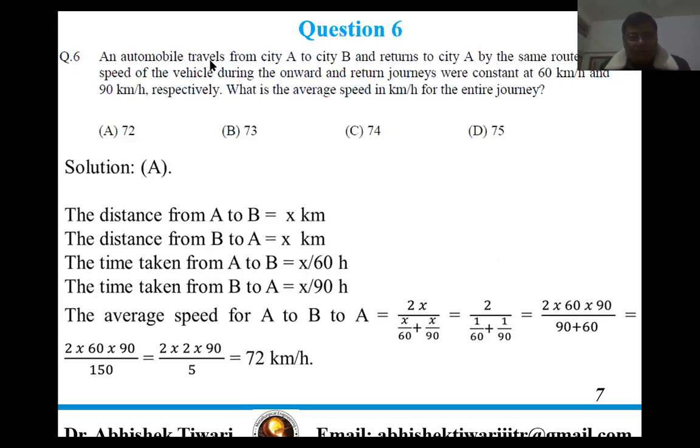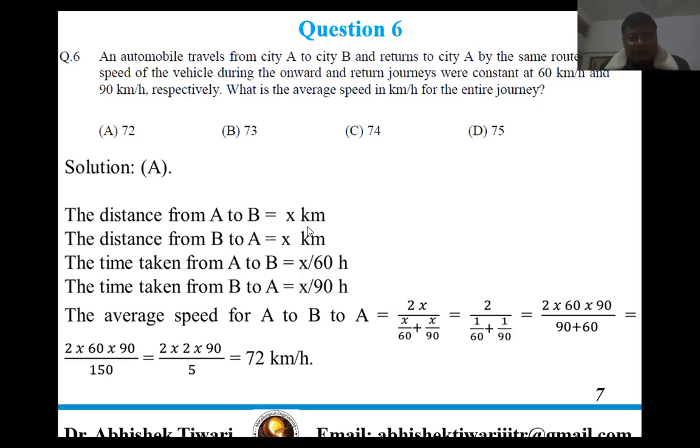Now, an automobile travels from city A to B and returns to city A by the same route. The speed of the vehicle during the onward and return journeys was constant at 60 km per hour and 90 km per hour respectively. What is the average speed in kilometer per hour for the entire journey?